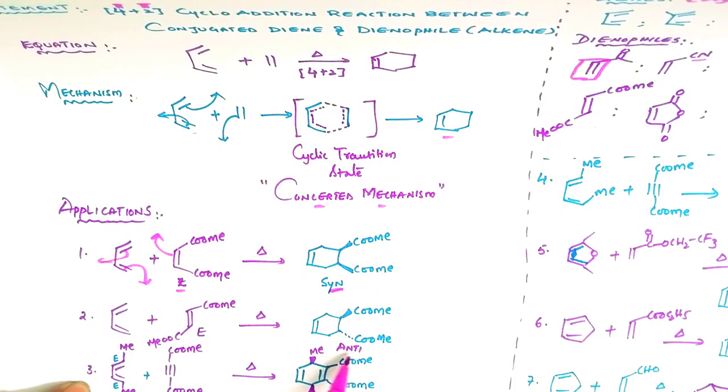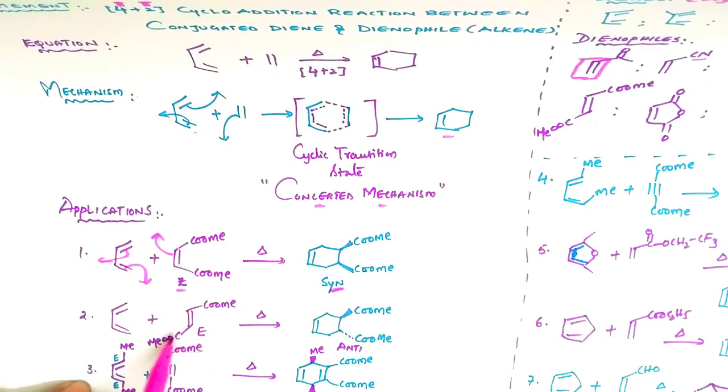Opposite means anti-configuration. This phenomena you need to remember. Okay, this is the first case. Whenever there is a chance for the olefin or the dienophile which is in either cis form or the trans form, which is in the cis form, the groups will become in the same side, which is in the trans form, the groups will be in opposite position.